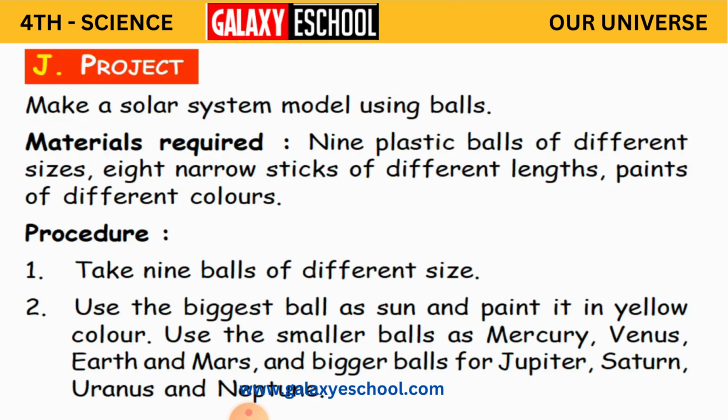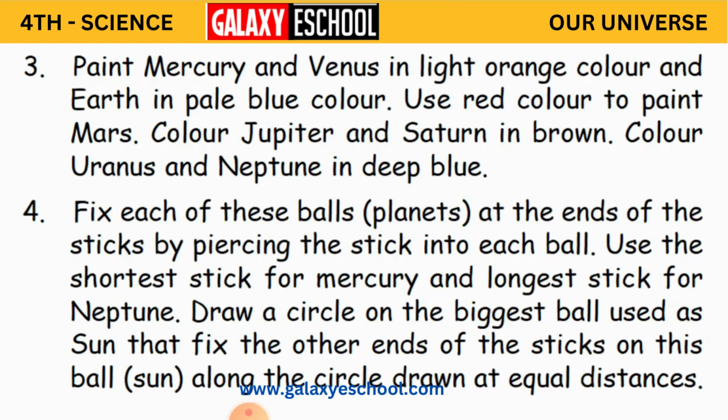Again you have small planets like Mercury, Venus, Earth and Mars. Again bigger planets like Jupiter, Saturn, Uranus and Neptune. According to that, you make the sizes with the balls, and then you can paint the planets, because we have already shown you how the planets are, and I will also tell you the colors of the planets in the coming exercise.